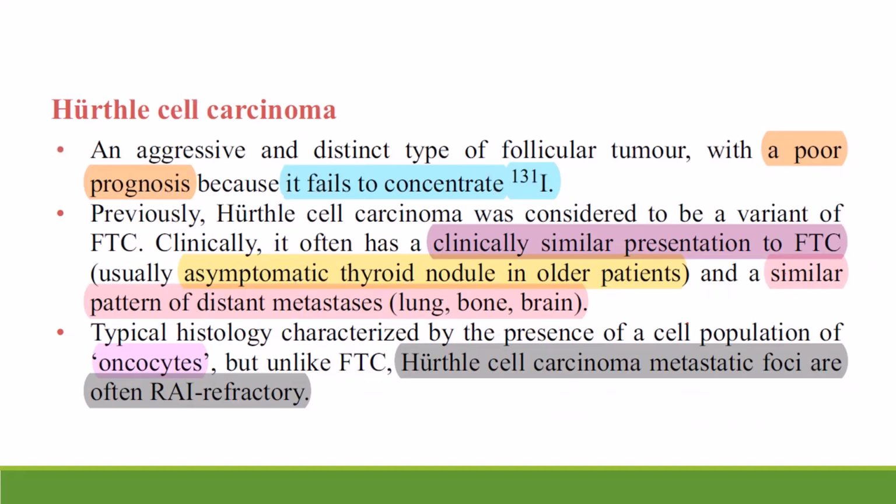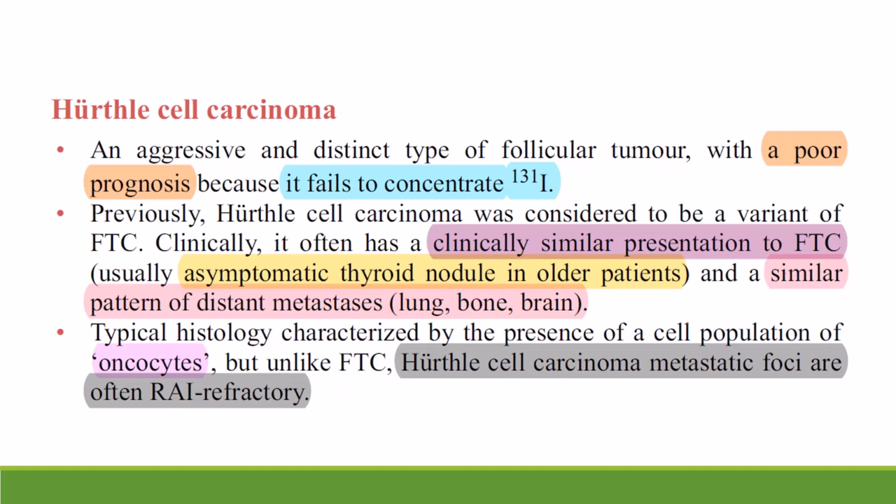Hurthle cell carcinoma, this is a poor prognosis variant of follicular thyroid carcinoma, and it fails to concentrate radioactive iodine therapy. The same presentation as follicular thyroid carcinoma, usually an asymptomatic thyroid nodule in an older patient, and a similar pattern of distant metastasis: lung, bone, brain.